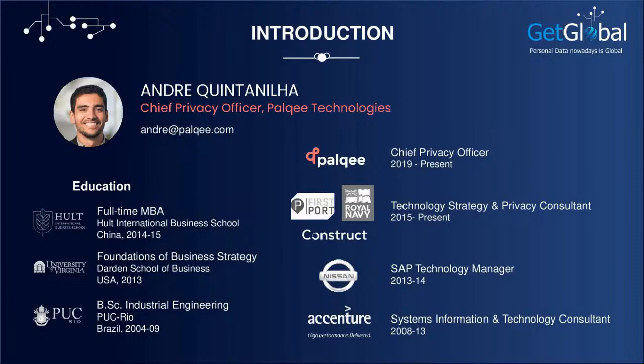And that was the time when I started working with privacy and the intersection between privacy and technology, offering consulting across different industries: education, property management, and also the military. Then a big piece of work with the Royal Navy here in the UK. And finally, last year, I joined Palqee as Chief Privacy Officer.